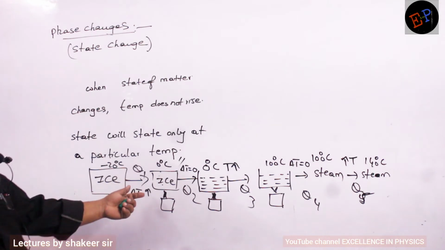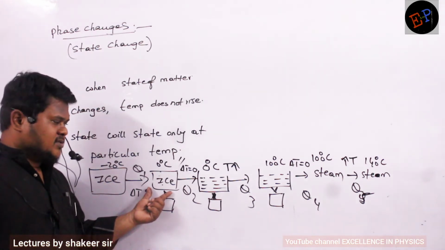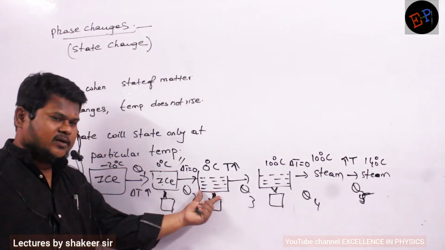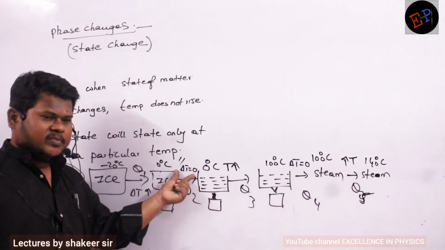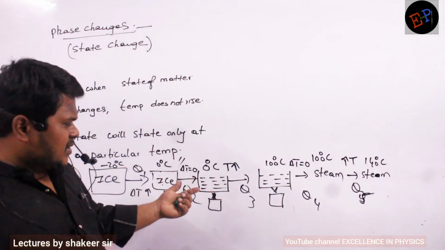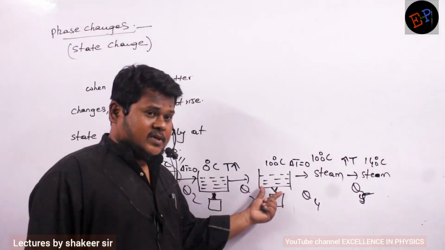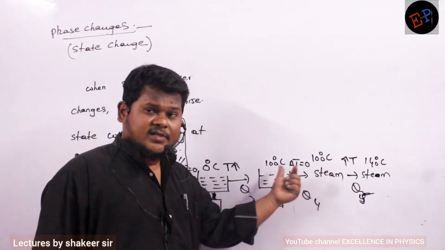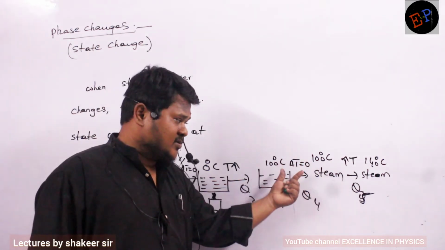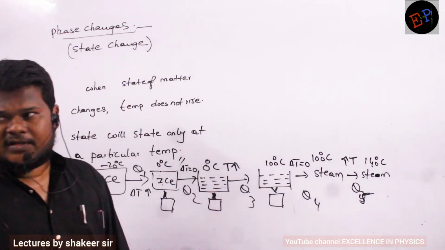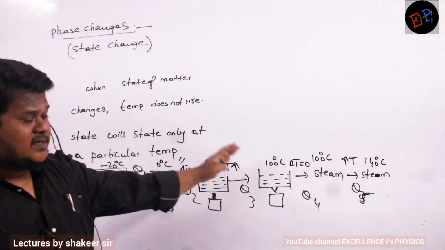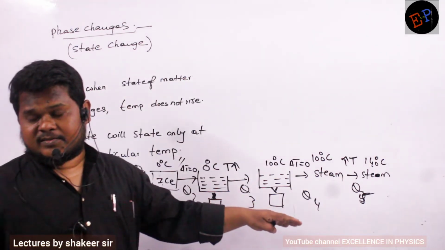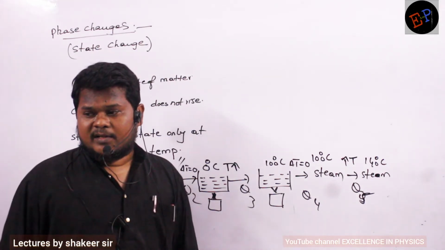Here, this is solid state. When it is converted into liquid state, there is no rise in temperature. Similarly, liquid state at 100, when it is converting into gaseous state at the same 100, then also there is no change in temperature. Understood? So when the phase or state changes, you don't see any rise in temperature.